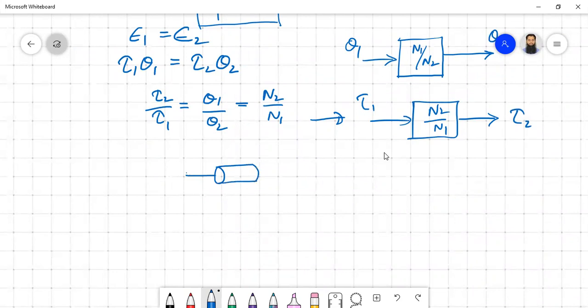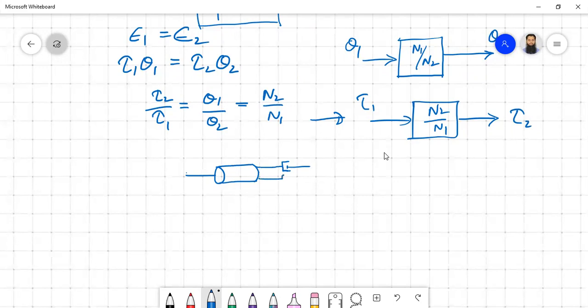One thing you have to remember is that gear is only applicable for a rotational mechanical system. It is mostly common sense, but still, since we are not from the mechanical domain, it's better to mention that.